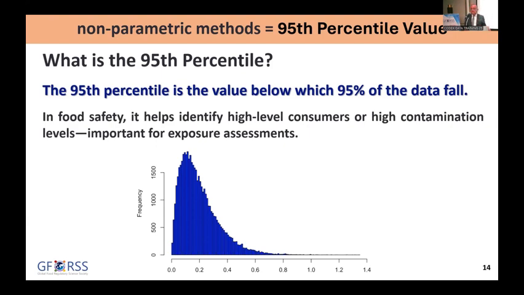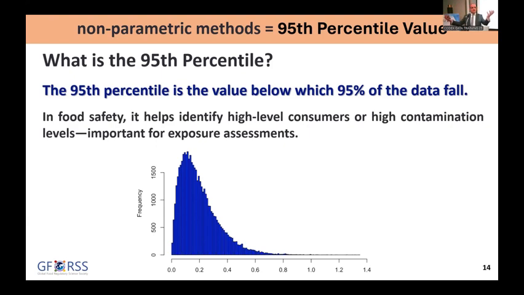And in food safety, it helps to identify high-level consumers or high contamination levels, which is important for exposure assessment. As we said, what is exposure assessment? It is equal to occurrence times consumption.